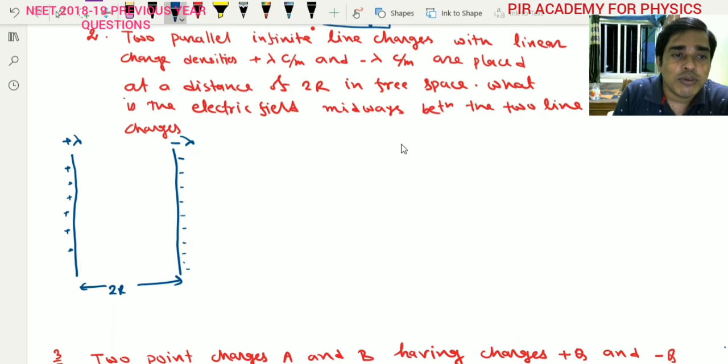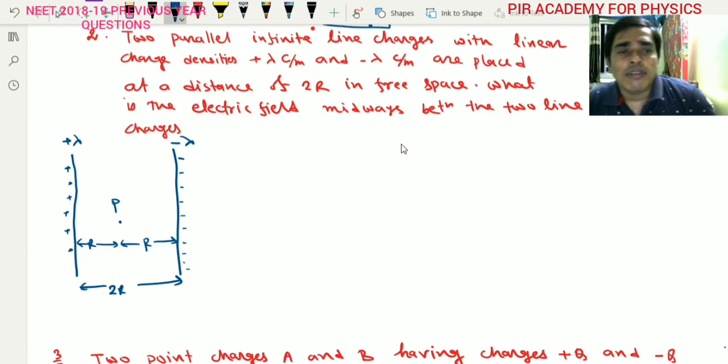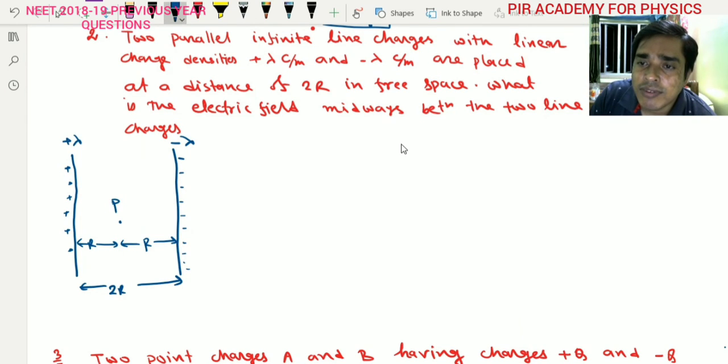Now you have to find the electric field at the middle point of these two infinitely charged conductors. Suppose this point is P, and the distance here is R and this is also R. Now to solve this problem, first you have to know the electric field due to an infinite line charge.